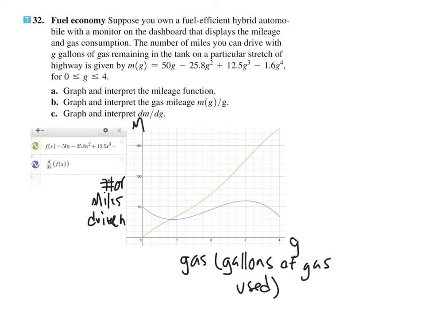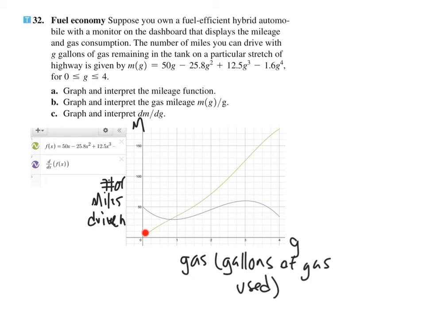So what we know is, it's kind of hard to see, but I notice that this graph, the number of miles that you drive, tells you the rate at which you can consume miles per gallon. On the first gallon or so, your efficiency isn't that great.